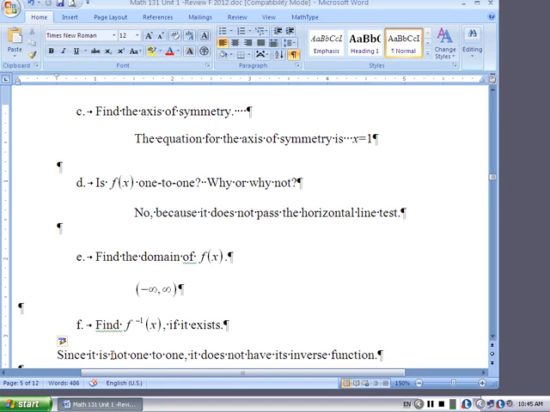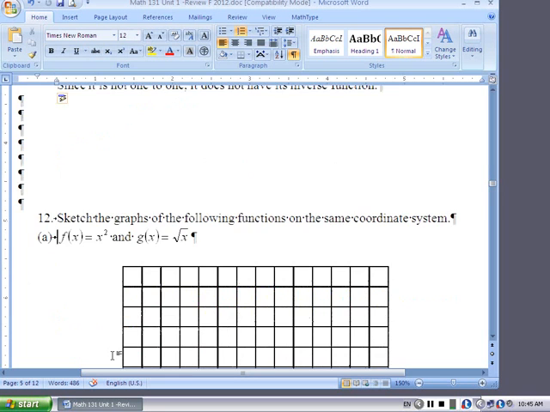The domain now is from 0 to infinity. Then, is it one-to-one now? If you only talk about the domain from 0 to infinity, it will become one-to-one. Then we can talk about its inverse, okay? We don't talk about it right now. If the domain is the whole real numbers, it is not one-to-one. Is that clear? Okay. All right.